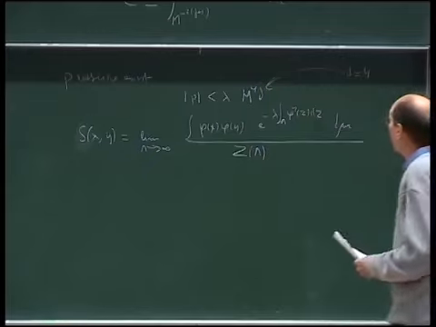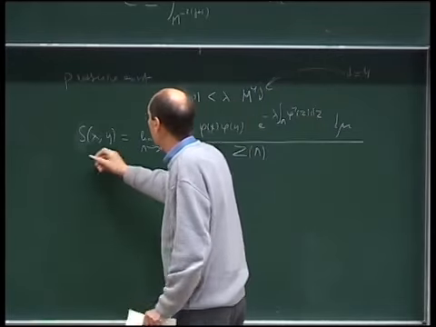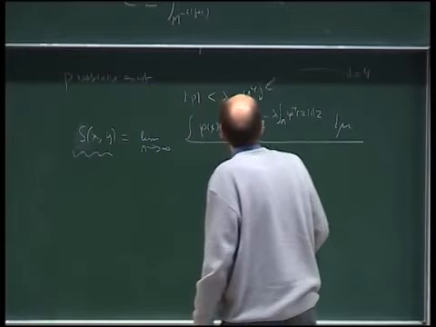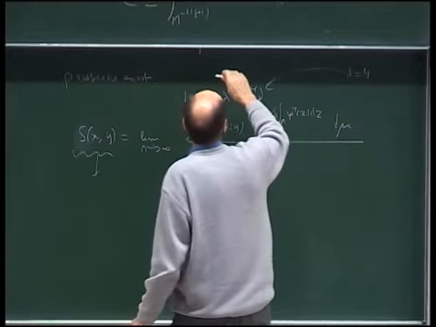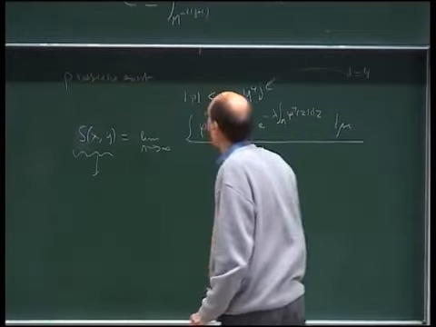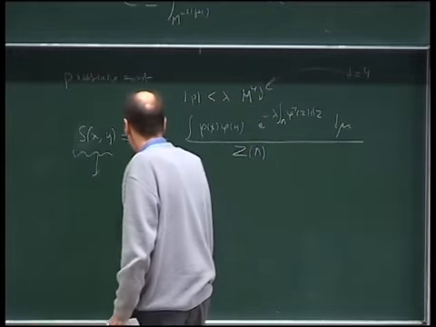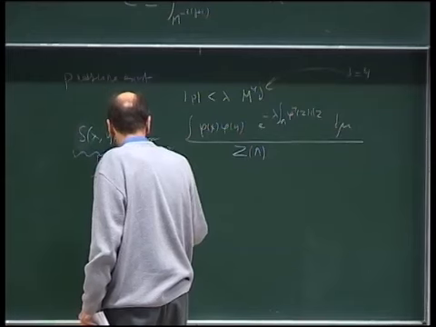Okay, and then we'll prove that this C of x and y, essentially, if you take lambda small, the coupling constant small, behaves more or less like the C which is here. And the C which is here is something like this.